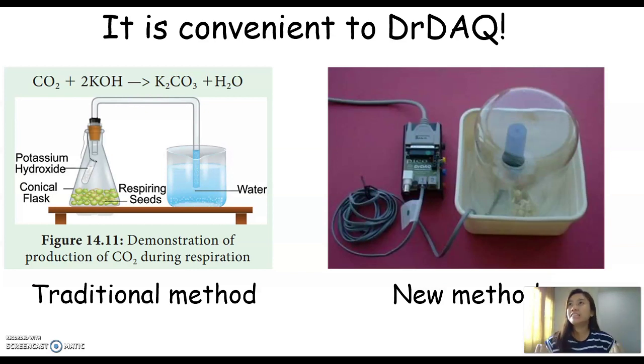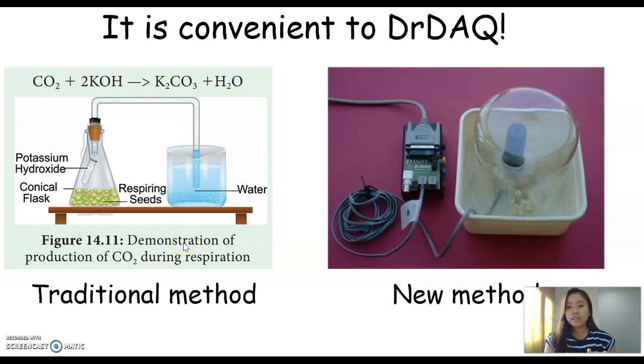So it is easier for humans to conduct experiments, especially school students. So here we can see there are two figures showing a traditional method of doing the respiration experiment, and this one is the new method of conducting the respiration experiment.